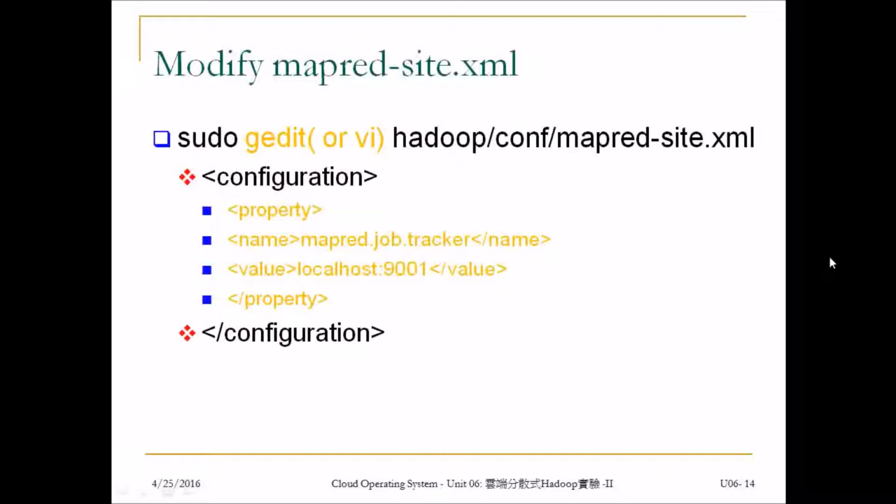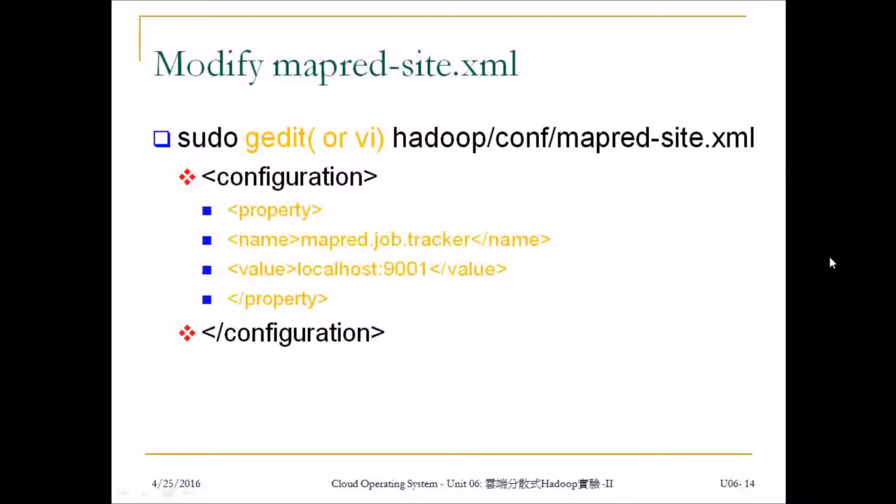The last one, you need to modify the MapReduce mapred-site.xml file. We will need to reply the execution result from different task trackers. Of course, all the communication and data transmission will be based on the internet.